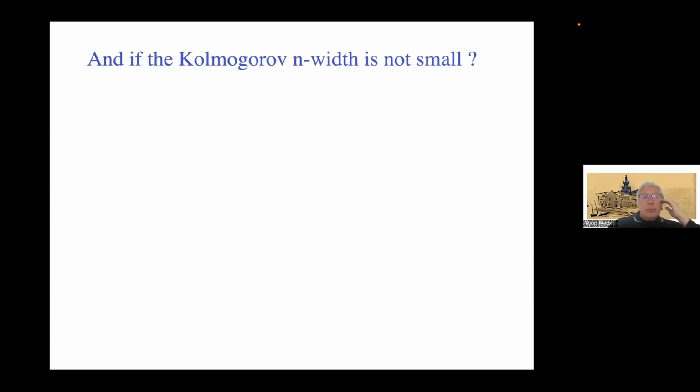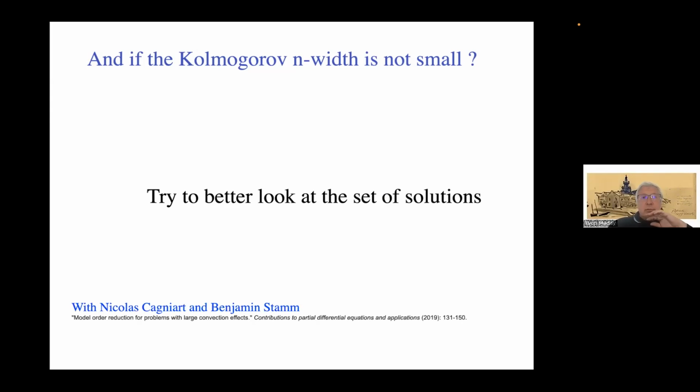So when the Kolmogorov N-width is small, you have an avenue of methods working in the basis set X_n properly associated with the best fit. But when the Kolmogorov N-width is not small, what can we do? One method that we introduced with Nicolas Cagnard and Benjamin Stamm in this paper is to try to better look at the set of all solutions.